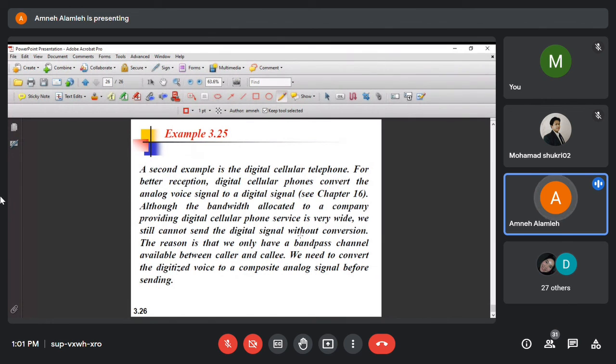The reason is that we only have a band pass channel available between caller and callee. We need to convert the digitized voice to a composite analog signal before sending.